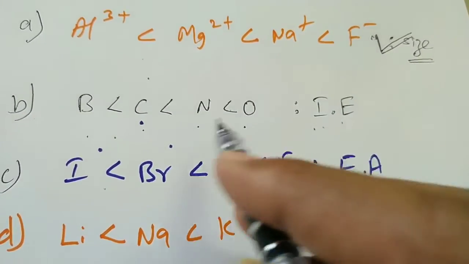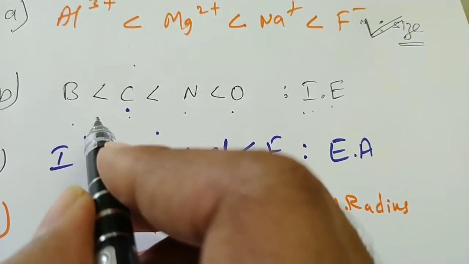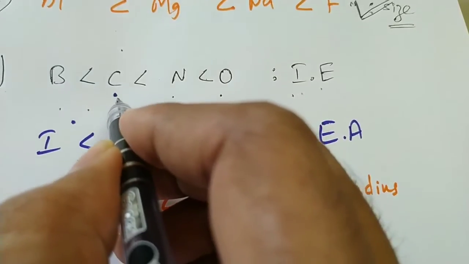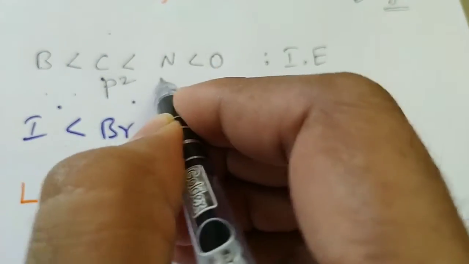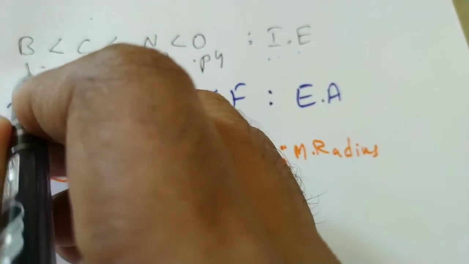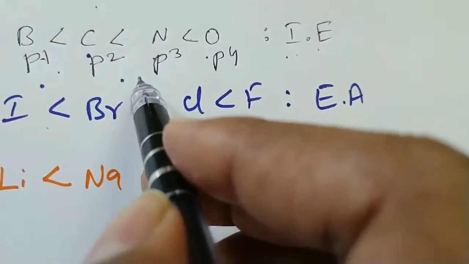Ionization energy always depends on the electronic configuration. See here, this is the P2 configuration, P3 configuration, P4. This is the P1.